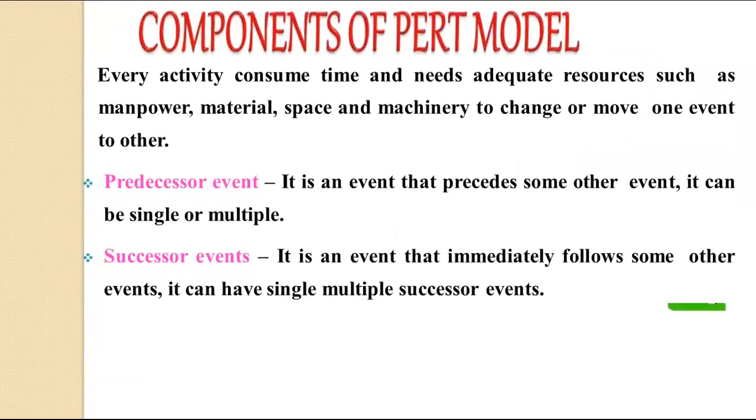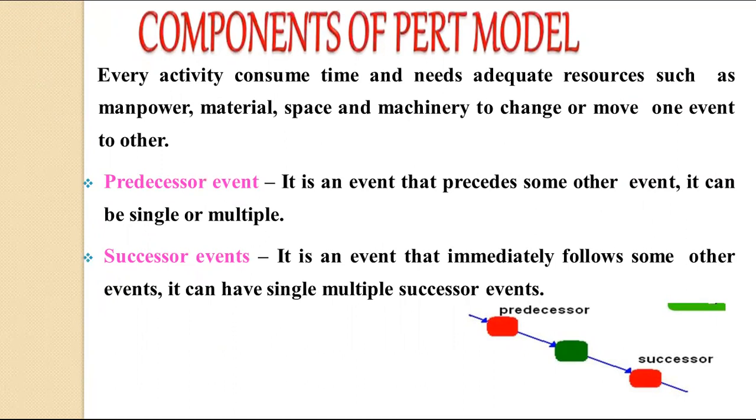Coming to the components of the PERT model, every activity consumes time and needs adequate resources such as manpower, material, space, and machinery to move from one event to another. The different components we come across in the PERT model are, first, the predecessor event.